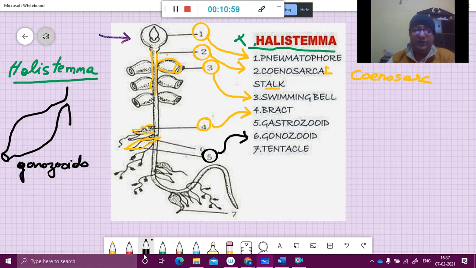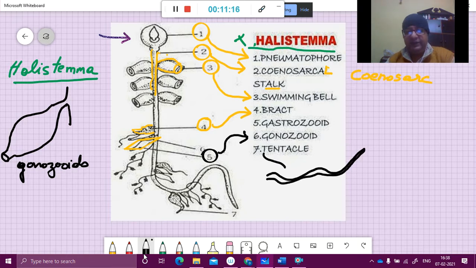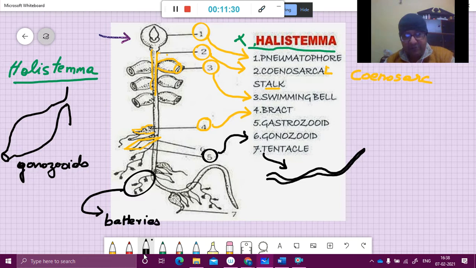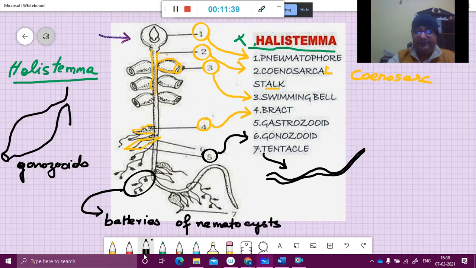And you have number 7, things moving like this, a tentacle-like structure. They are the tentacles. Apart from this, you have structures known as batteries of nematocysts, for defense.